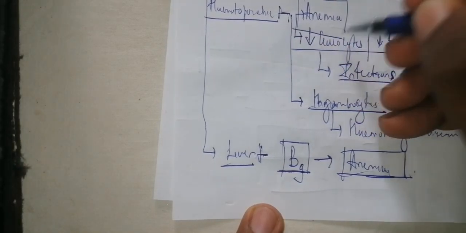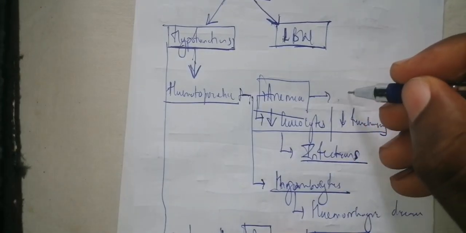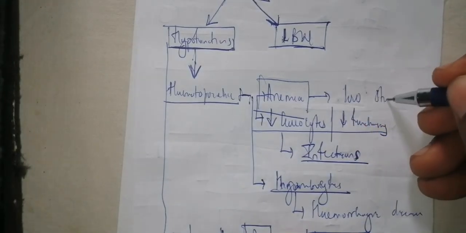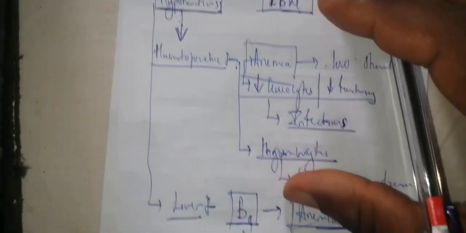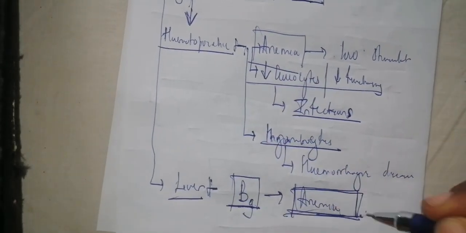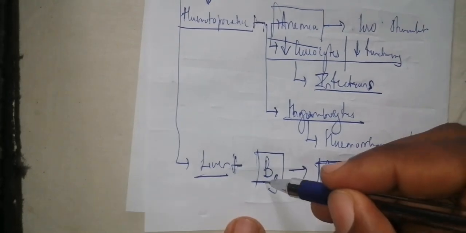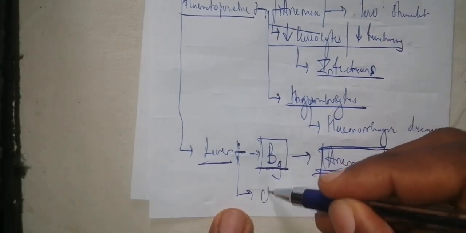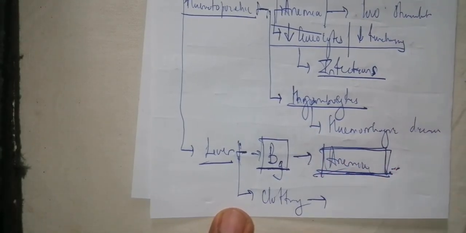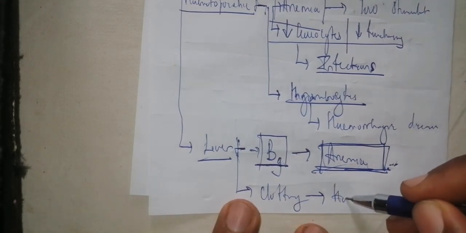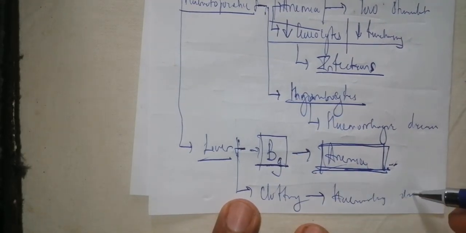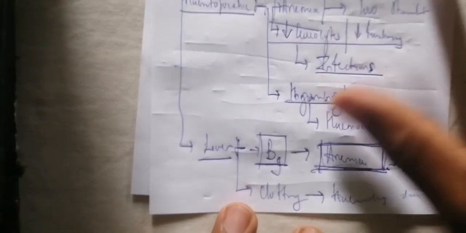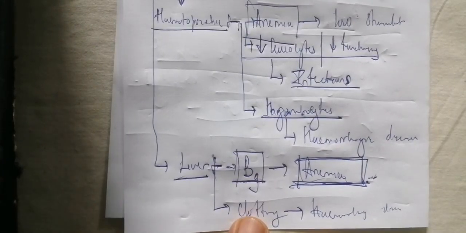The anemia that I was speaking about earlier is from low stimulation of the hematopoietic system, while this anemia is a result of low vitamin B9. So that is from hypofunctioning of the liver. Also, the liver is involved with the formation of the clotting factors. If there is hypofunctioning of the formation of clotting factors, you also have hemorrhagic disease of the newborn. So those are the different disorders associated with hypofunctioning.